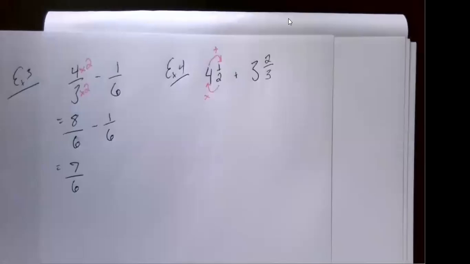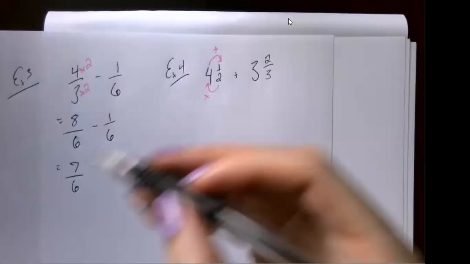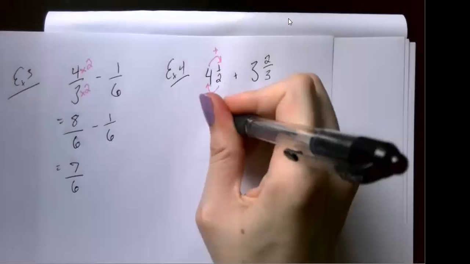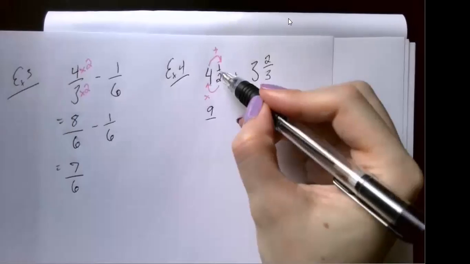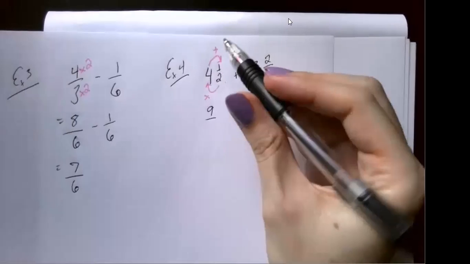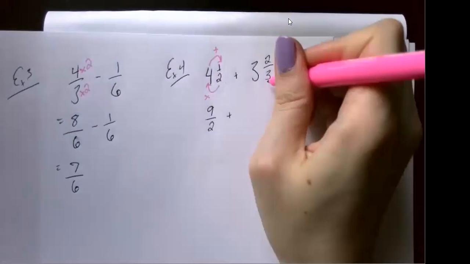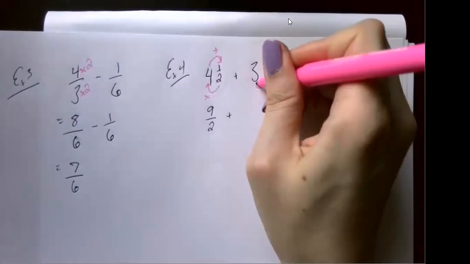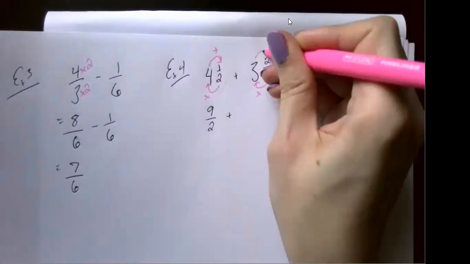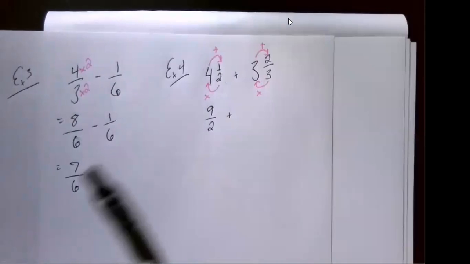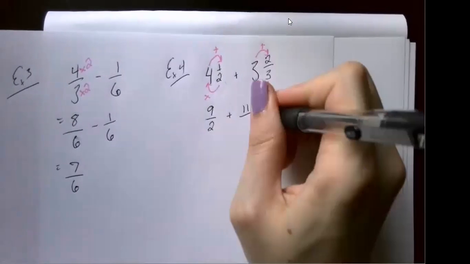So we have 2 times 4 is 8 plus 9, and then we keep whatever the denominator was. So in this case, 8/2. And then on the other side, we'll have 3 times 3 is 9, plus 2 is 11, and then keep the denominator of 3.